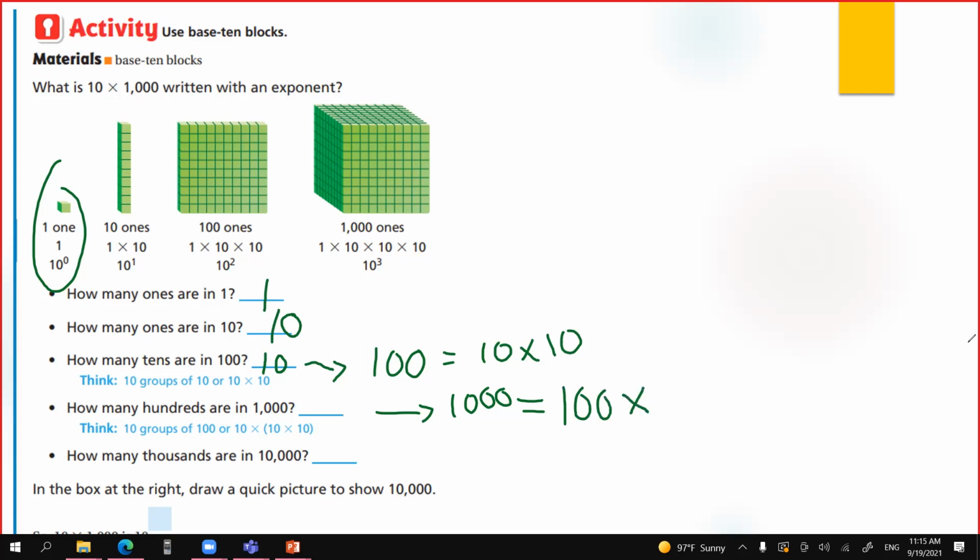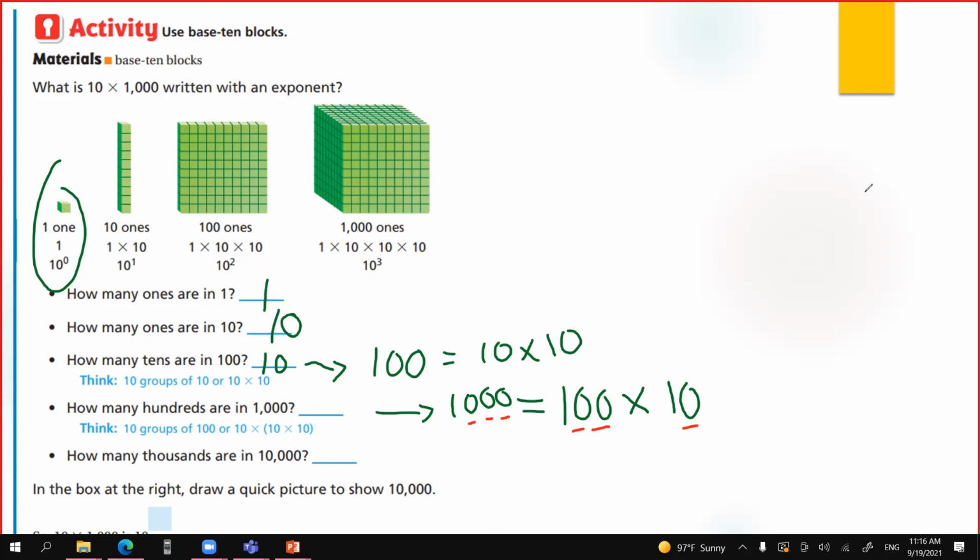What's the number that you multiply by 100 to get 1000? Ten. When you multiply them, look how many zeros you have. 3 zeros, and here we have 3 zeros.